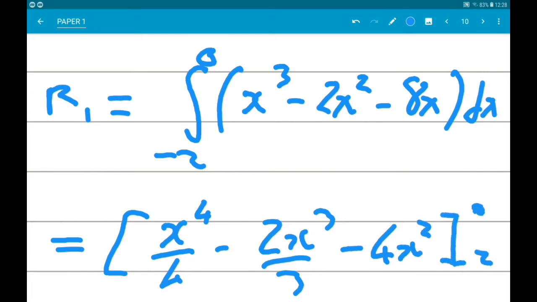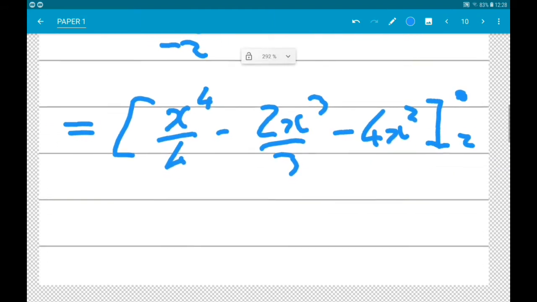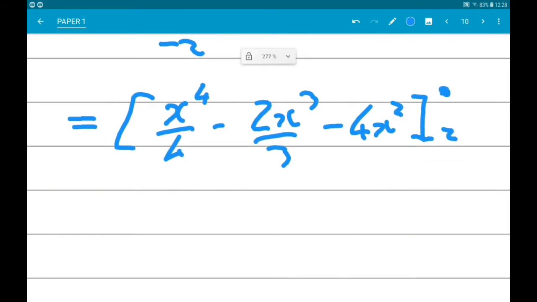Okay, now when we put 0 in, we just get 0. So we got 0 minus what we get when we put in minus 2. So, minus 2 to the power 4 is 16, divided by 4 is 4.